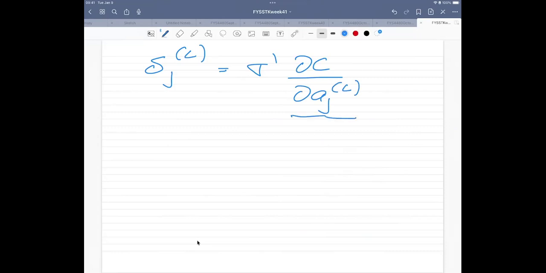And this function here was just Aj of L minus Y of J, the target value.